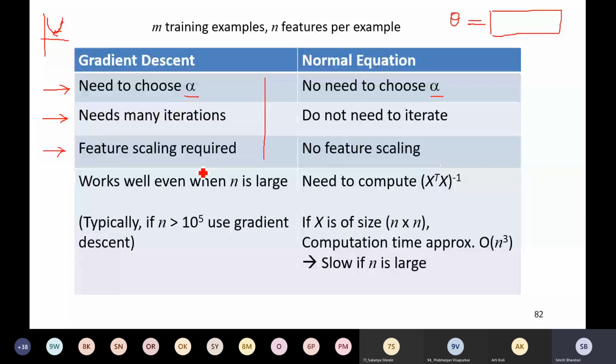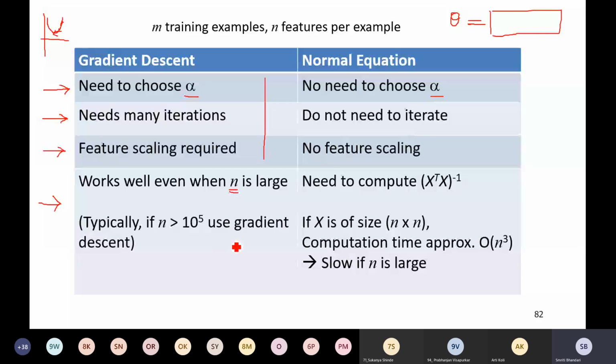But the most important comparison is when to use gradient descent and when to use normal equation. My gradient descent algorithm works well even when the number of features n is very large.